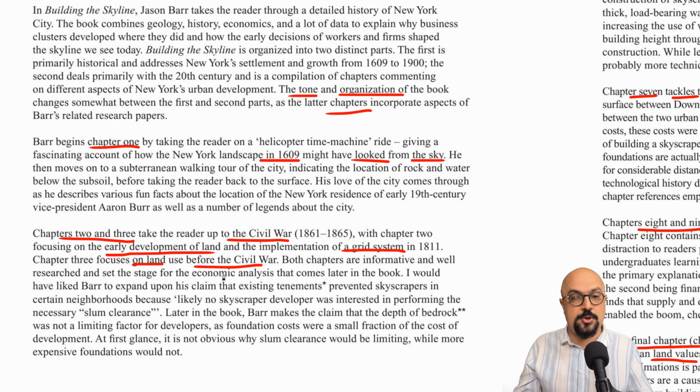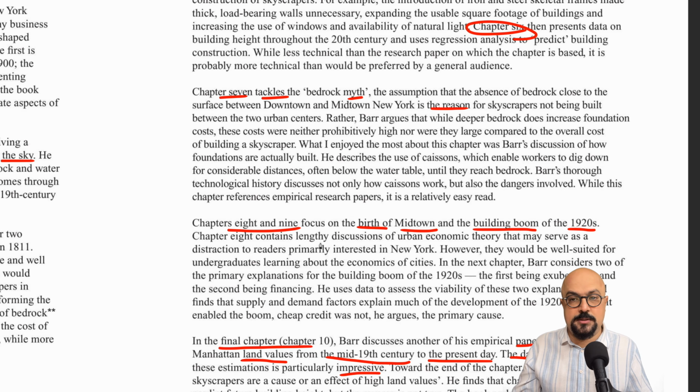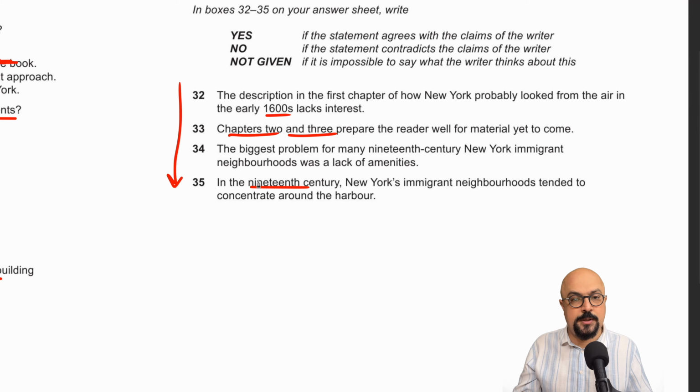So prepare the reader, set the stage for the material yet to come. So the other parts of that book. So these two chapters prepare the reader for the following information in the book.